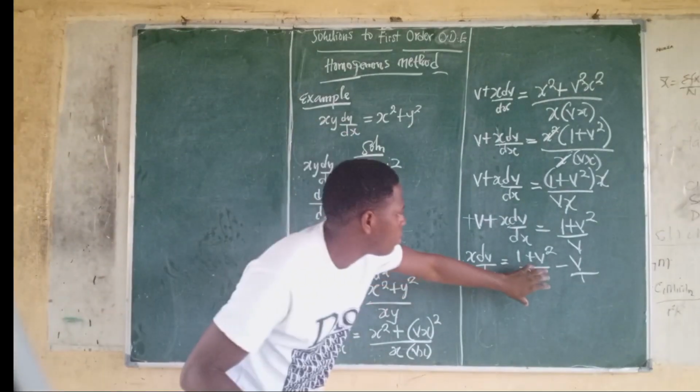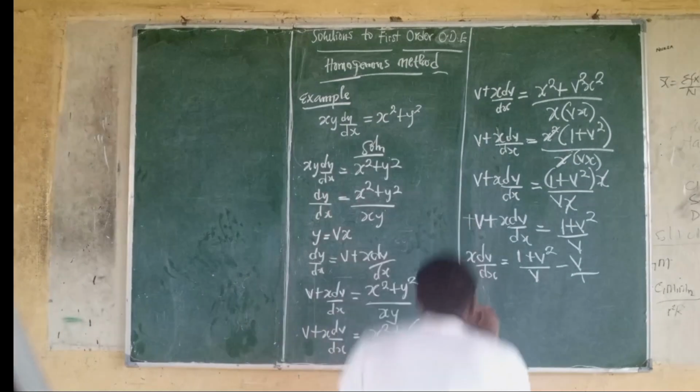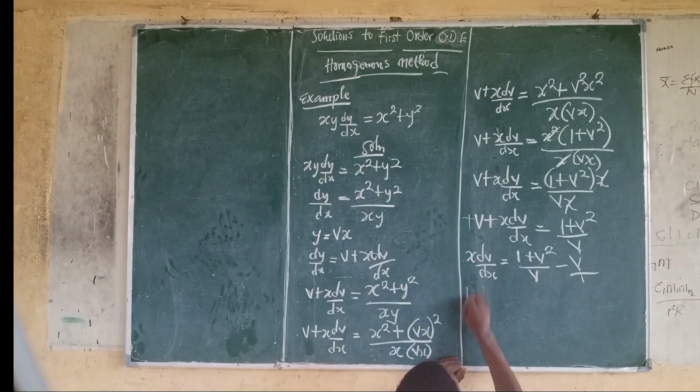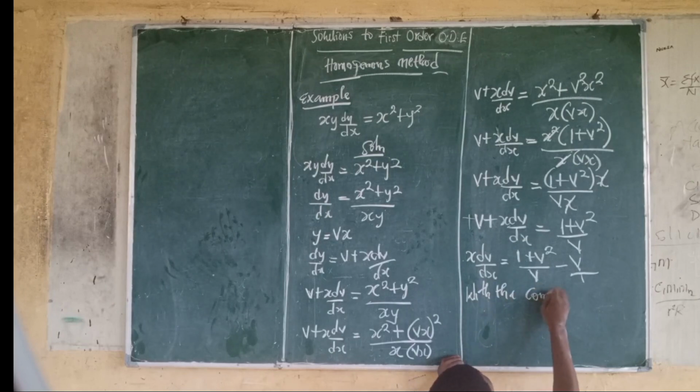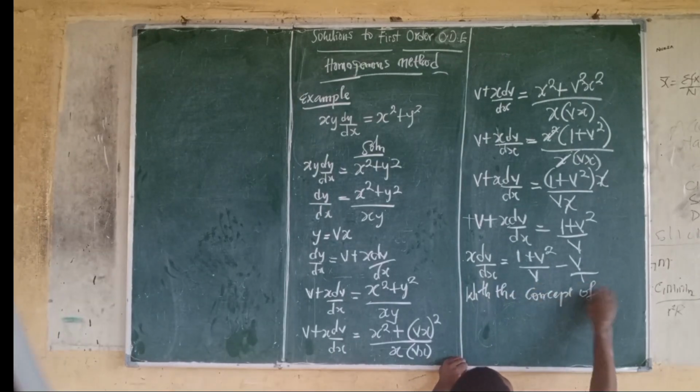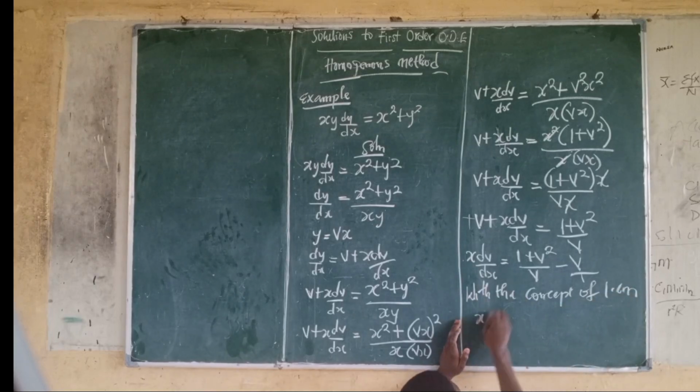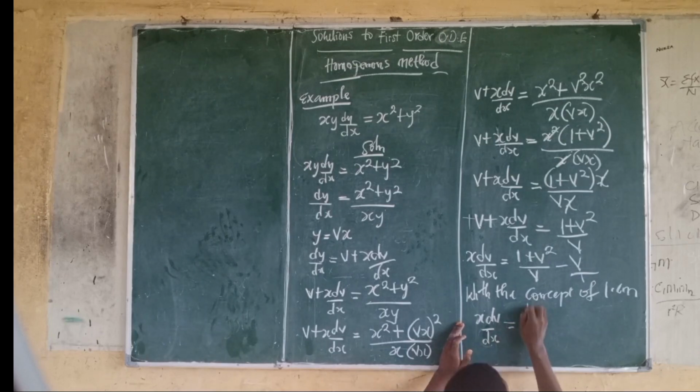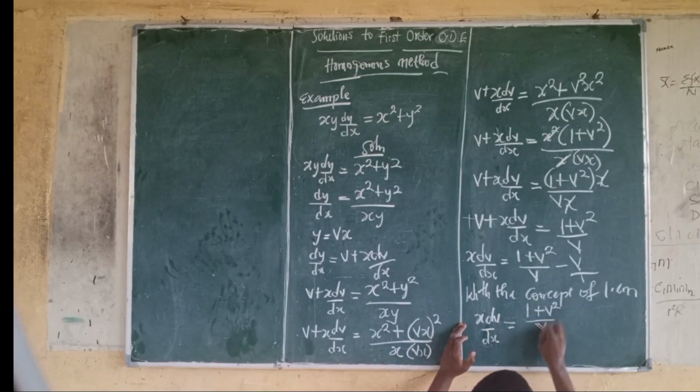Now, using the concept of LCM, we have x dv over dx is equal to (1 plus v squared) over v minus v over 1.